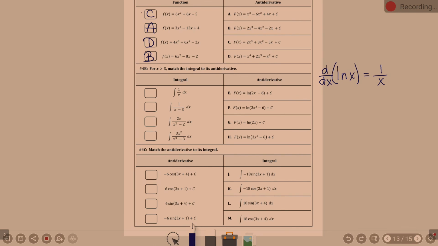Now we're reversing that. So the integral of 1 over x dx is going to be equal to the natural log of x, and of course plus c.